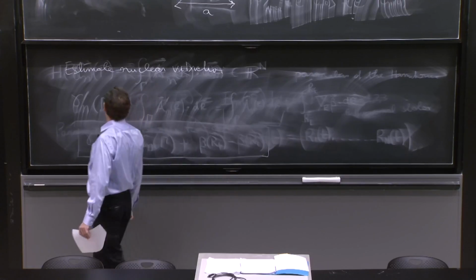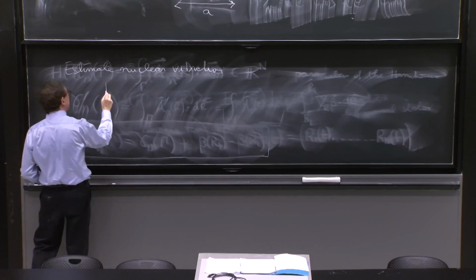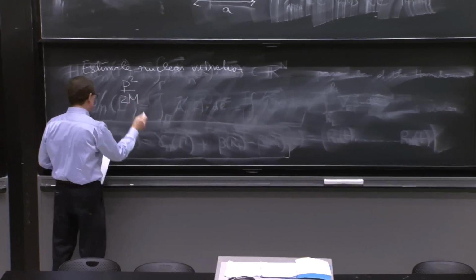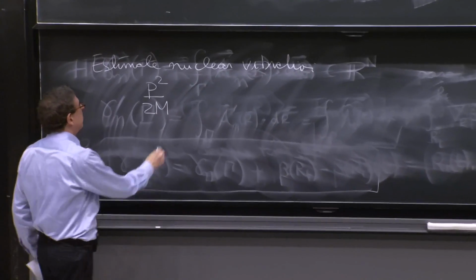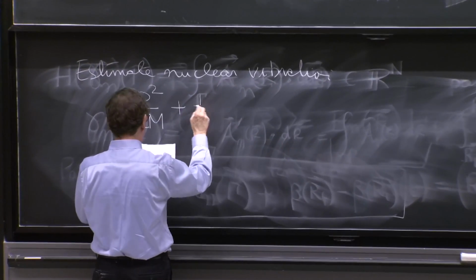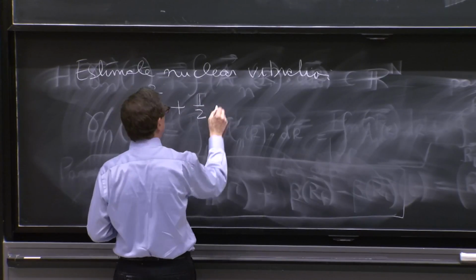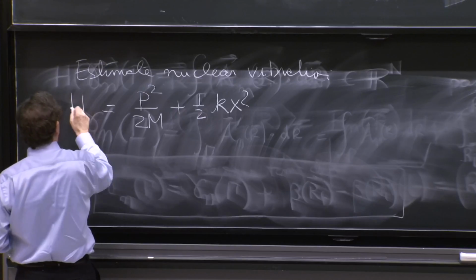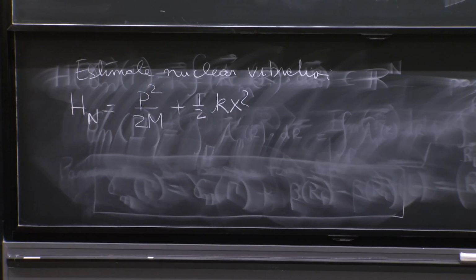So we think of a harmonic oscillator, p squared over 2 mass of the nucleons, plus a restoring force, some nuclear oscillation. So this is an estimate, so it's not very rigorous, but I think it will be clear enough.